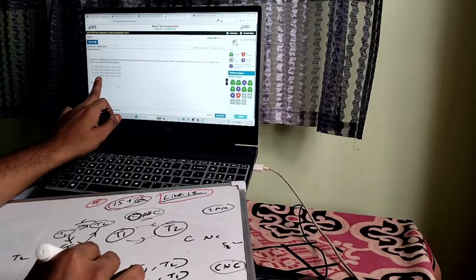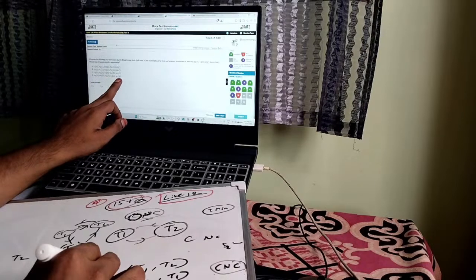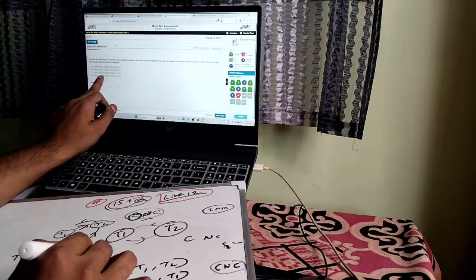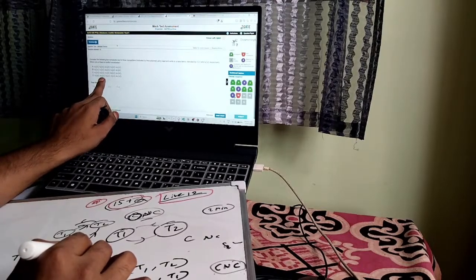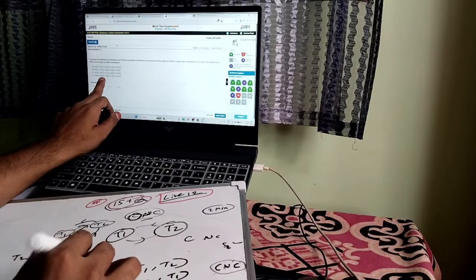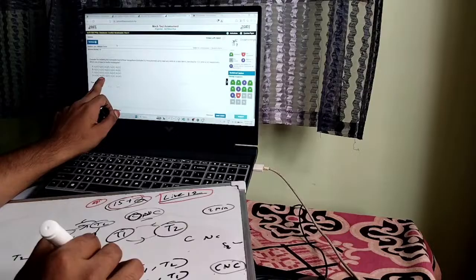R2 to R2. 2 to 1. 2 to 1. And after what? W2. 2 to 3. 2 to 3 also.